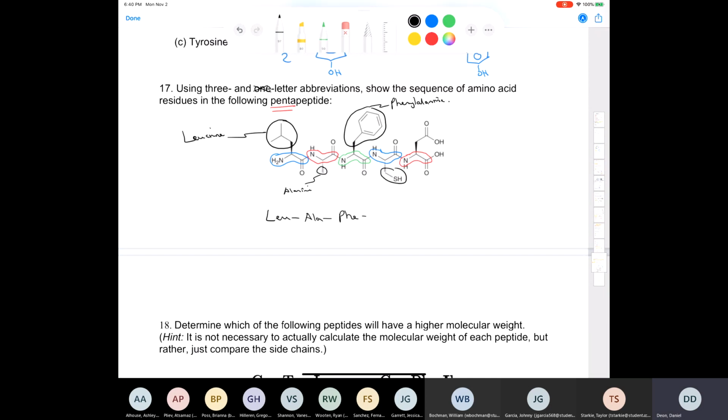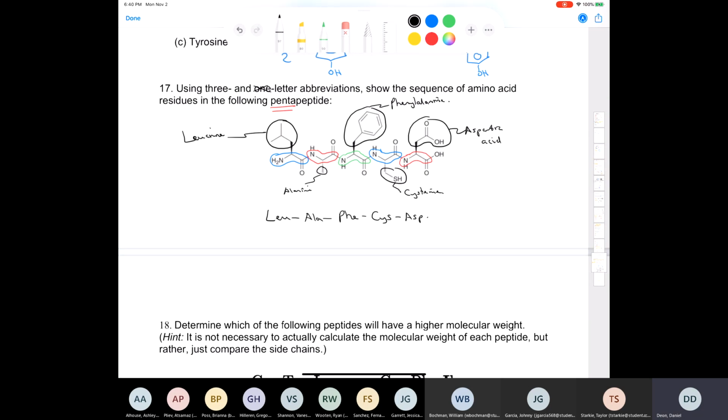We have a CH2 and a thiol. Cysteine, so we use CYS. And the last one comes from aspartic acid. Aspartic acid, or aspartate, is the conjugate base. So there we go, ASP.